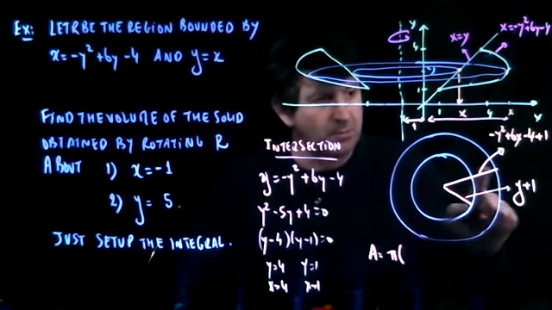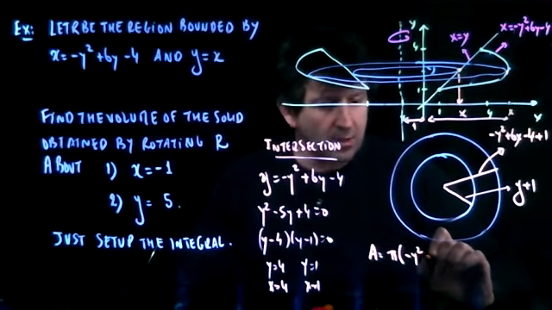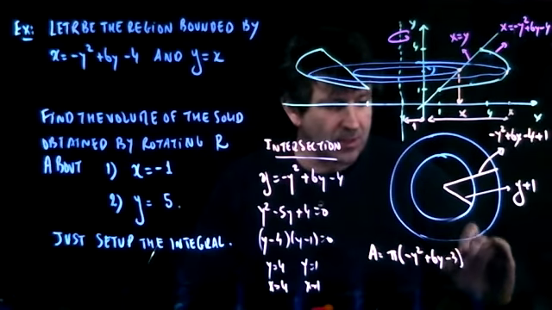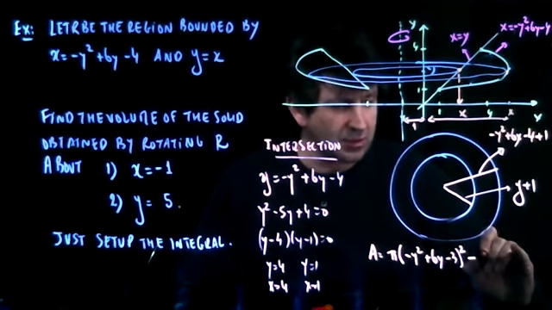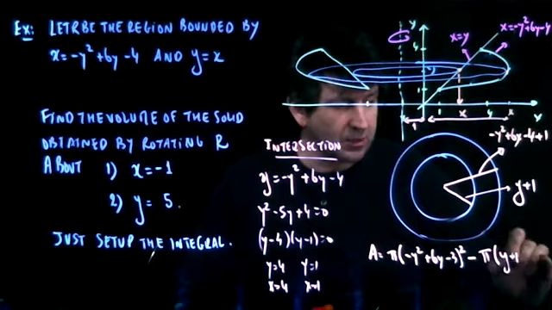Pi times big radius squared, so negative y squared plus 6y minus 3 squared, minus the inner disk, pi times y plus 1 squared.